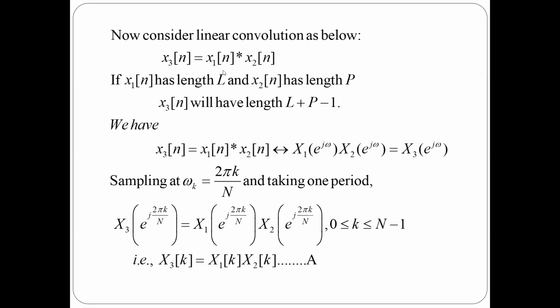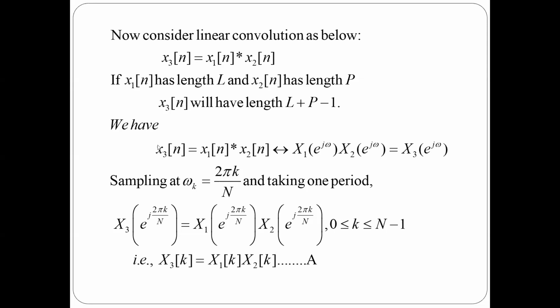We will consider x1 of n as my first sequence and x2 of n as my second sequence. x1 of n has got a length L, x2 of n has got a length P, then x3 of n will have a length L plus P minus 1. It's understood, right? Now we look at the convolution theorem.